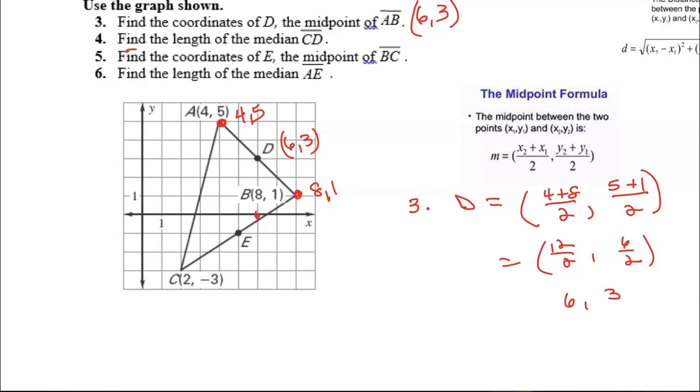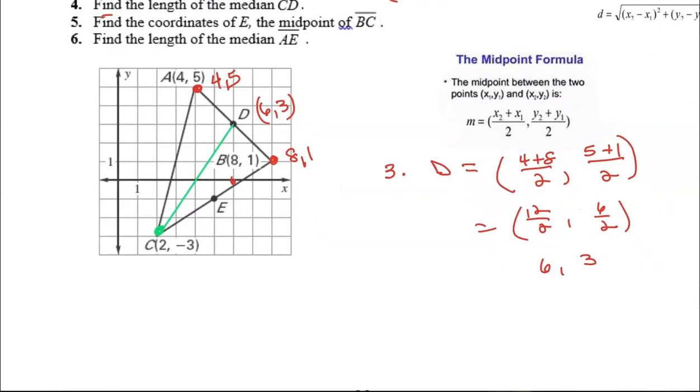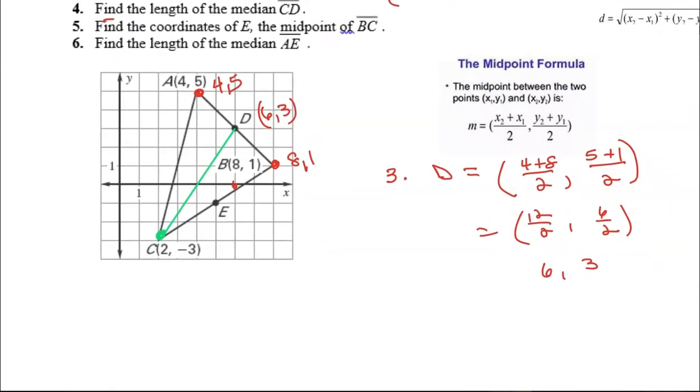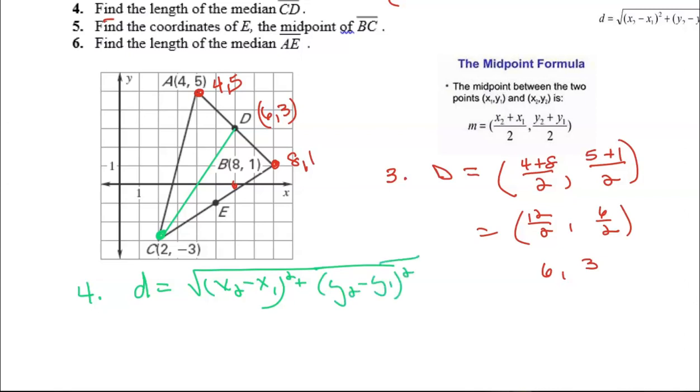Okay, so if it's a median, it must be coming from here and going straight across. And they want that length. What will we do? We're going to use the distance formula. And I'm going to write this again here because it's kind of far away. So that's going to be x2 minus x1 squared plus y2 minus y1 squared.